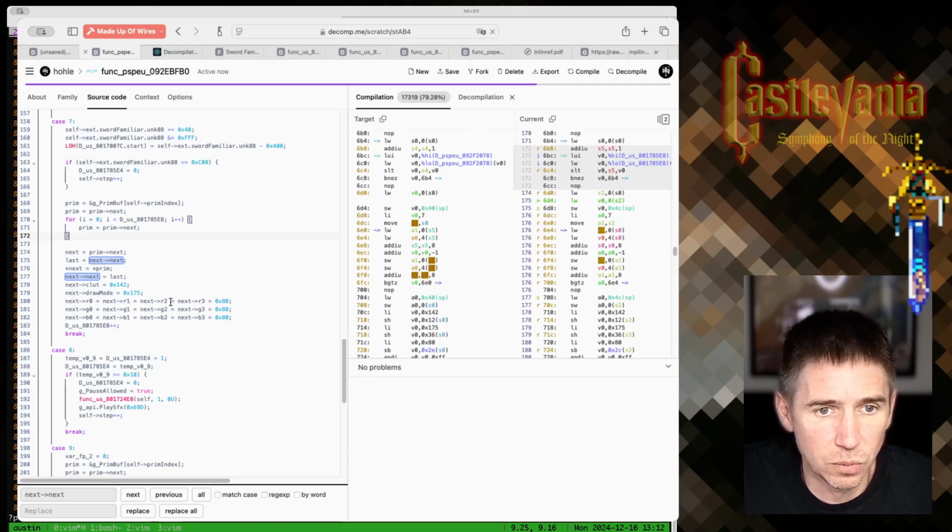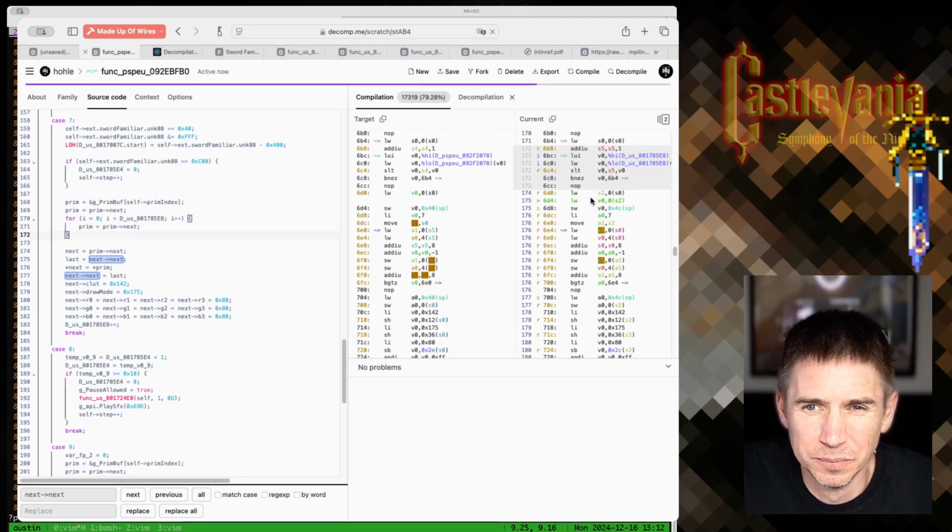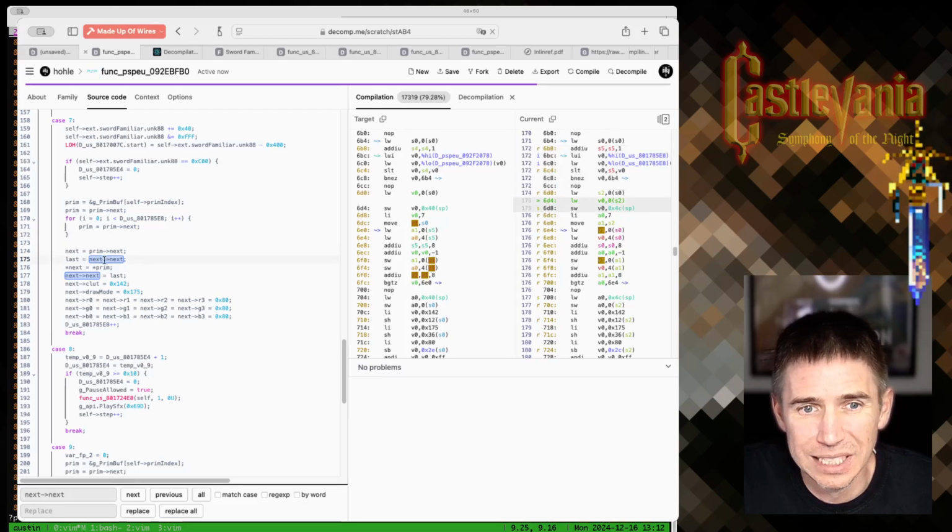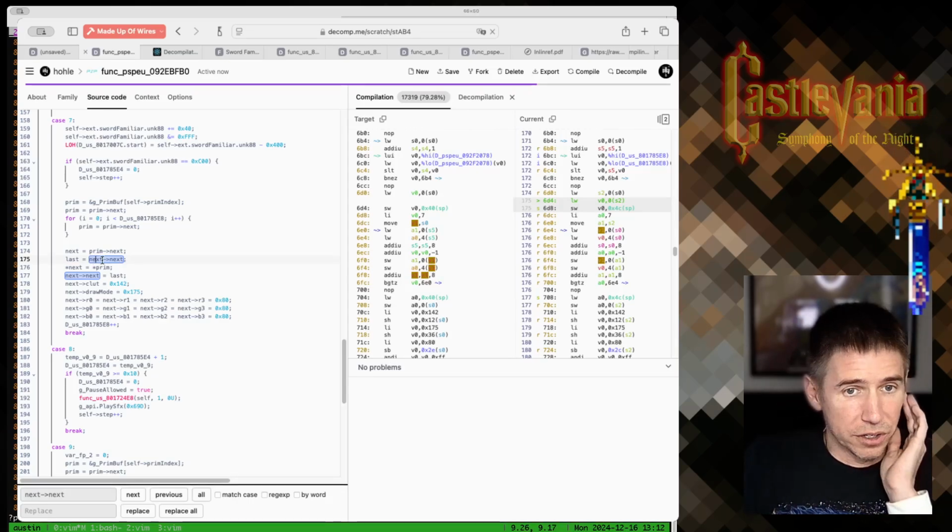It's closer than what it was, but there's an extra load of this, the pointer after our current.